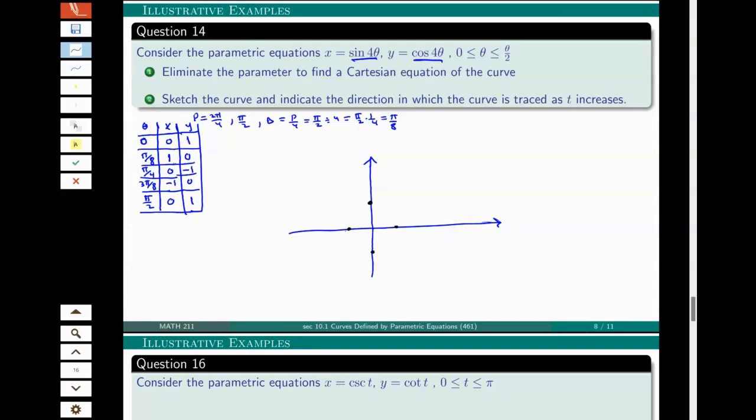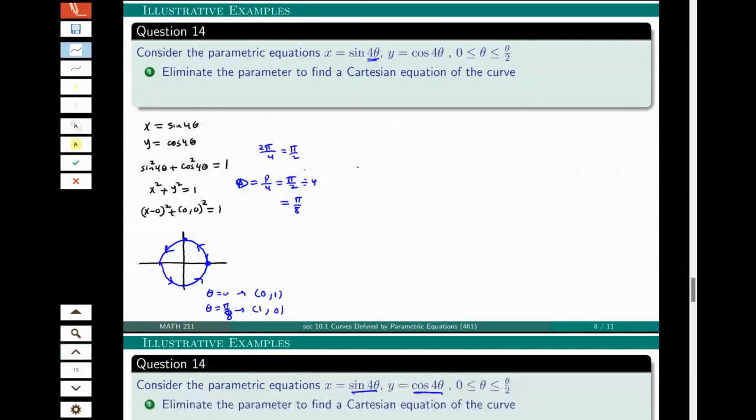So we have 0 and 1, 1 and 0, then 0 minus 1, minus 1, 0, then again 0 and 1. So 0, 1 would go into this direction. So this is the direction of the circle.